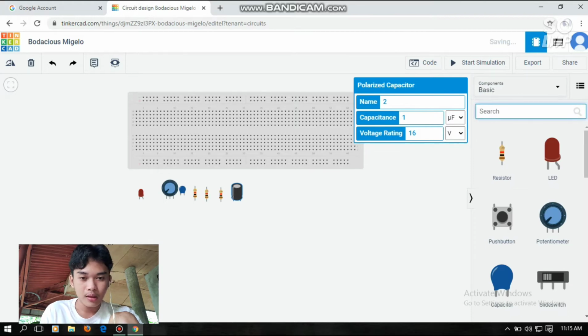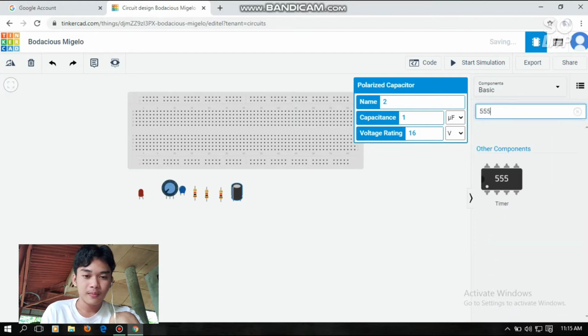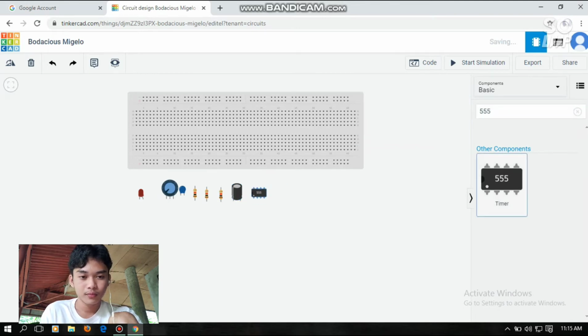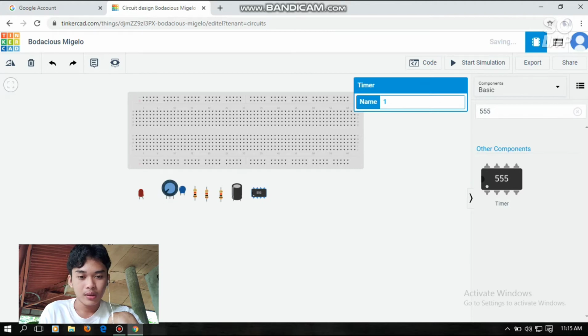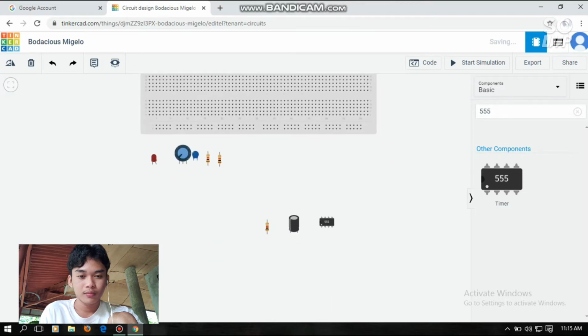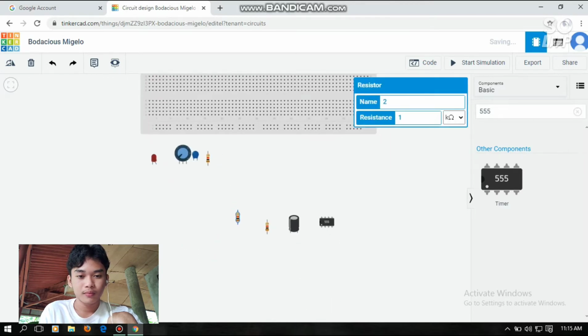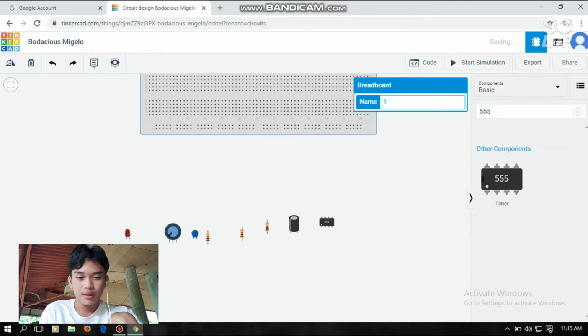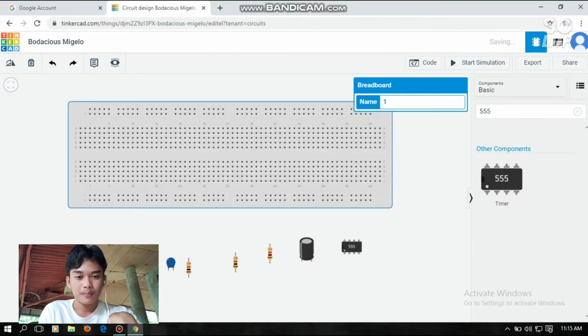And then the 555 timer. And then the battery.